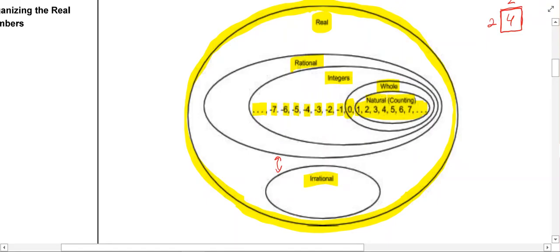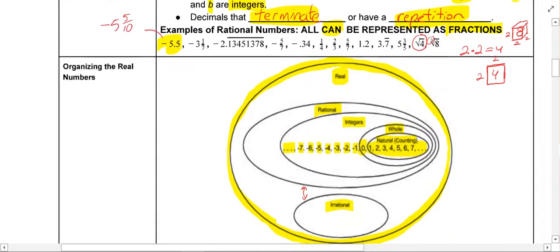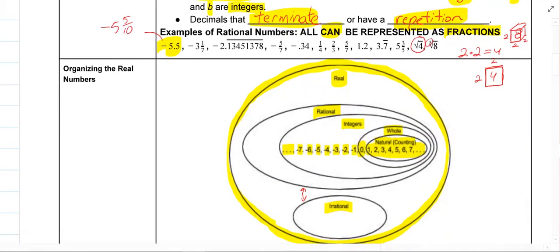Rational numbers. What are rational numbers? Rationals are natural, they are whole, they are integers, and now I have this area out here that has nothing in it. Well, all we have to do is figure out what rational numbers are. And right up here, we had noted, what are rational numbers? Rational numbers, they can be written as a fraction.